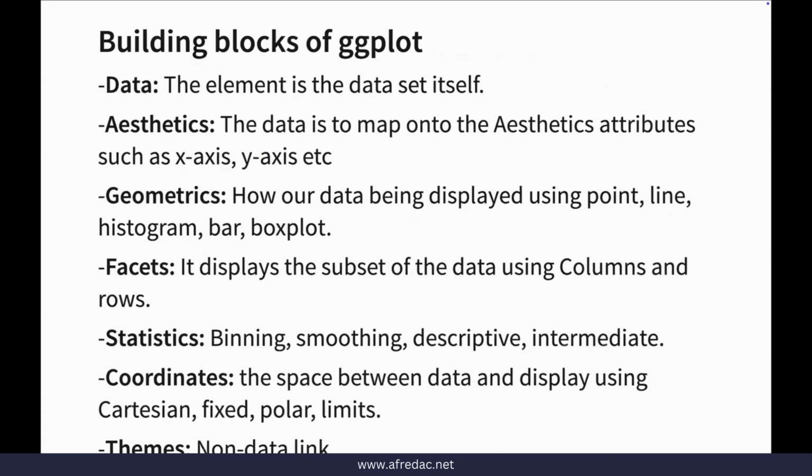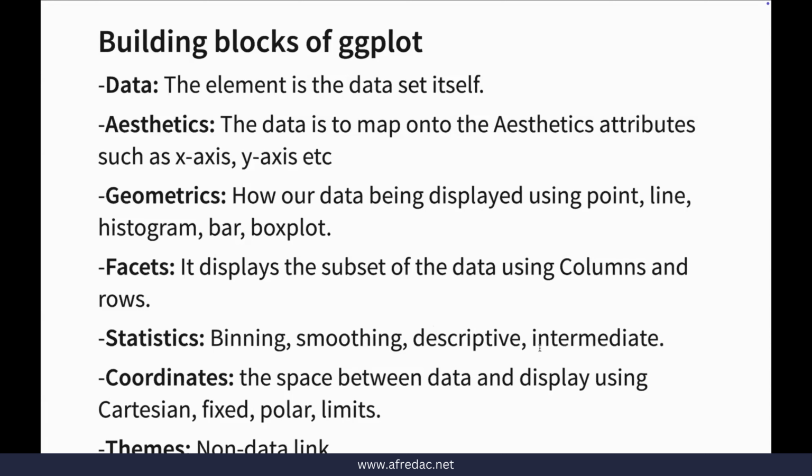We said that the building blocks of a ggplot include the data that you want to plot, the aesthetics, and the geometrics. If you wanted to have plots arranged in columns and rows, we saw that you could use a building block called facets. There's also the element of statistics, which included binning for bar charts, and smoothing for scatter plots.